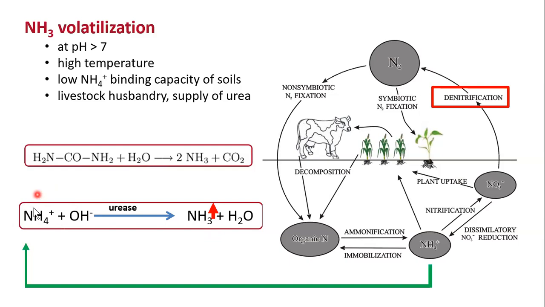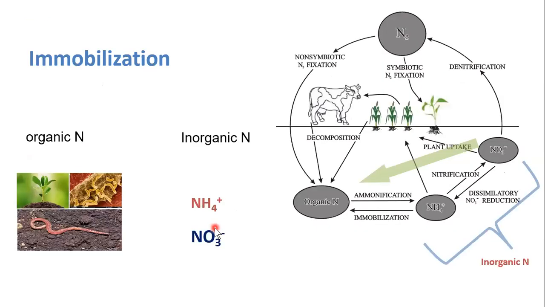So this ammonium is basically from the urea, and this urease enzyme works on that and converts it into ammonia gas. So it means this ammoniacal form is present in the urea, which is being utilized to be converted into ammonia gas, and which escapes into the atmosphere.